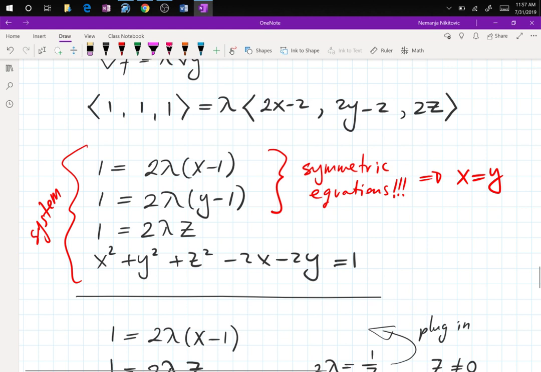So if I quickly show the homework blog, 17 through 26. Look at 17. Subject to x squared plus y squared plus z squared.